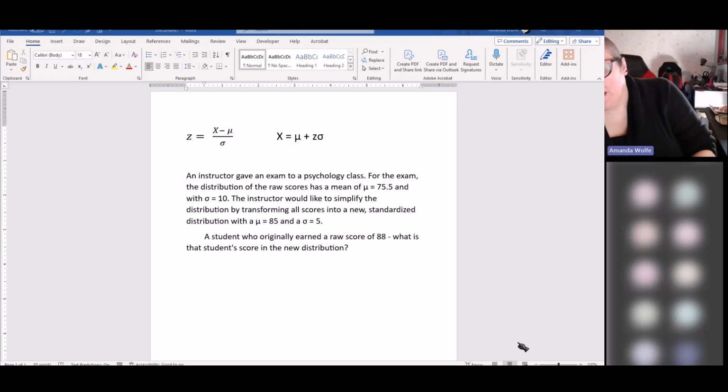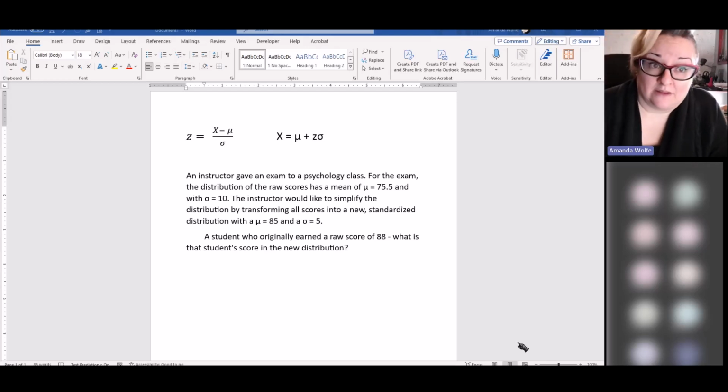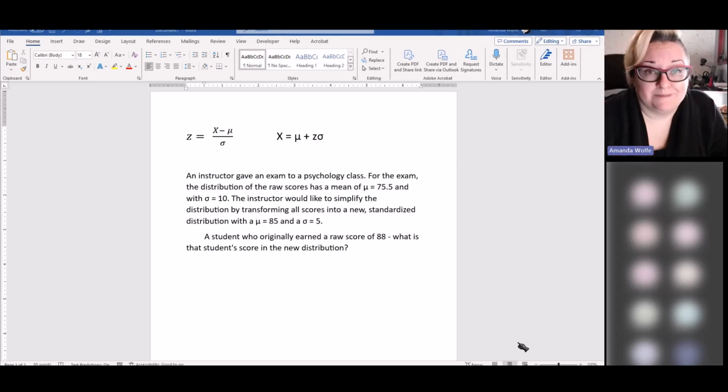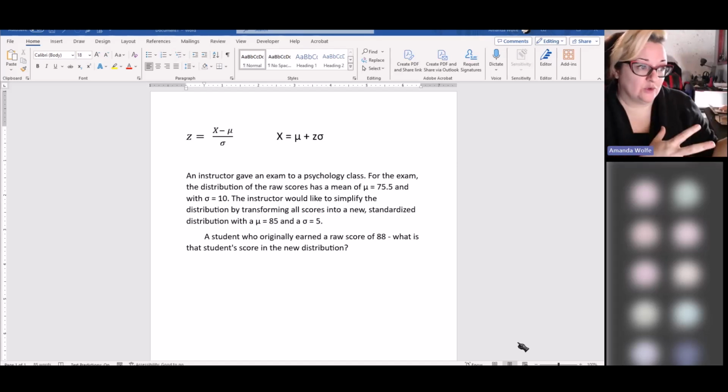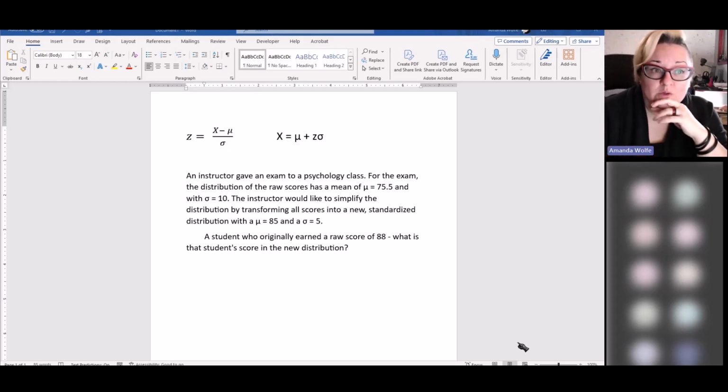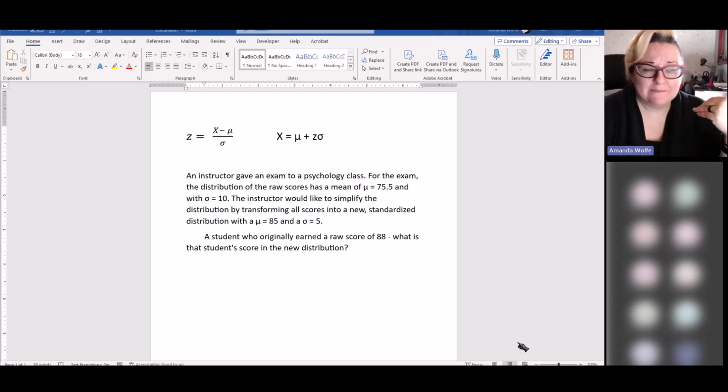That's the easy way to do it. You can also do it mathematically, where you move everybody into a new distribution: you take everybody's old scores, turn them into Z scores, and apply those Z scores to get new scores. So that's possible, you can do that. That's what this question is asking: this instructor gave an exam, is not so happy with the distribution, and wants to apply it to a new distribution.